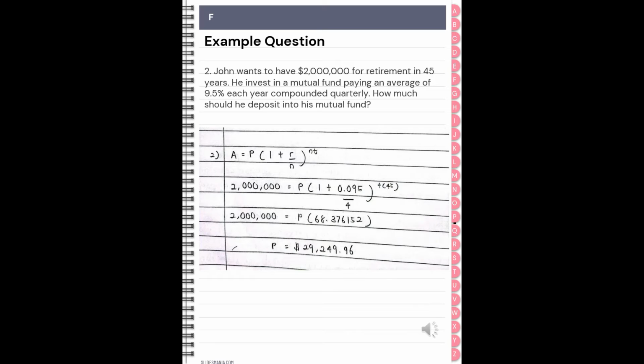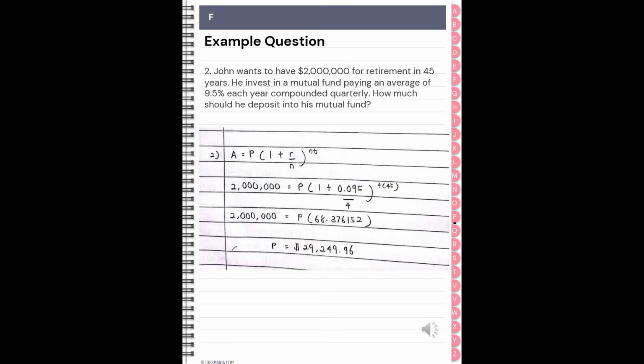R is the annual interest rate, 9.5% divided by 100 is 0.095, and it's compounded quarterly, that is 4 times a year. So divide by 4 and then it's raised to the NT of 4 times 45. T is the time in years. So let's find out the value of P.